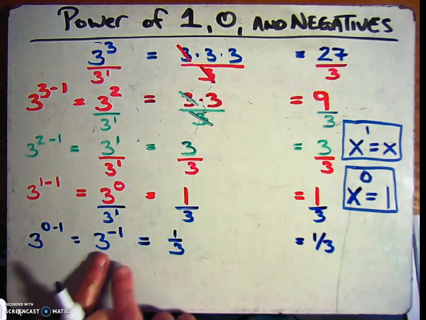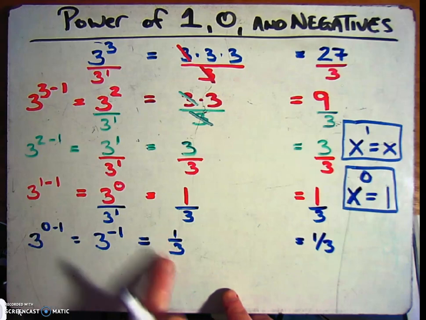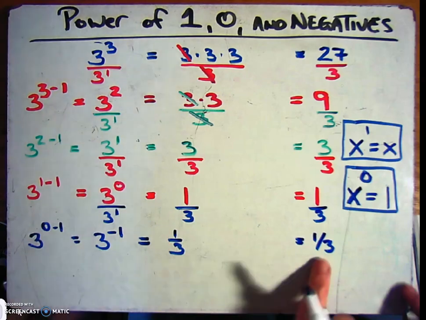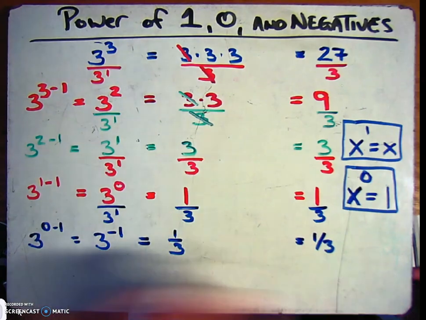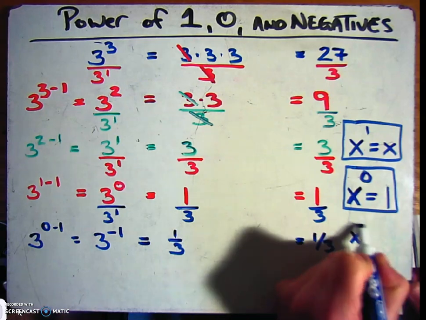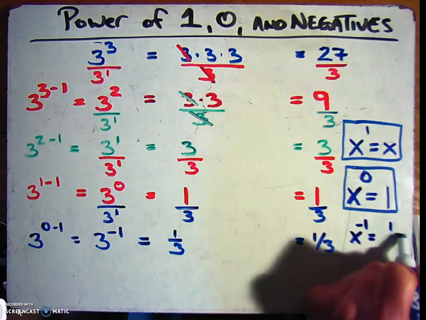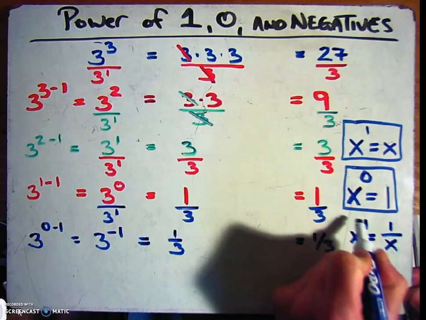So 3 to the negative 1 power is equal to 1/3. And this works for any number. Any number raised to a negative 1 exponent is equal to 1 over that number.